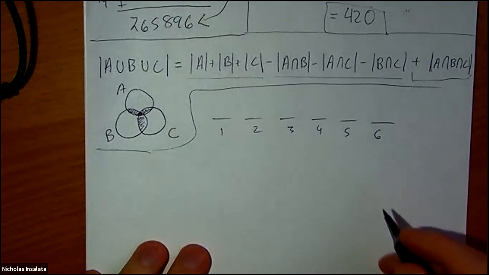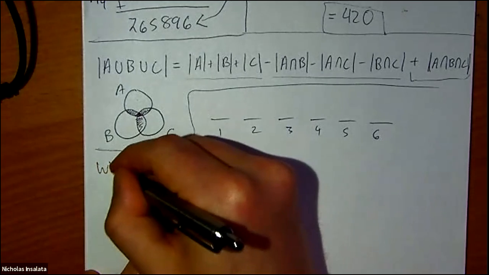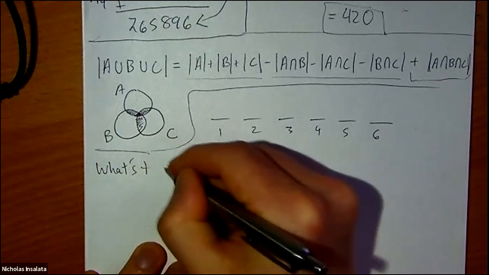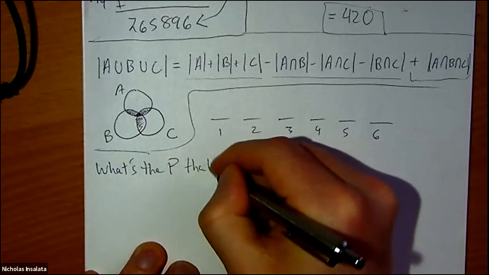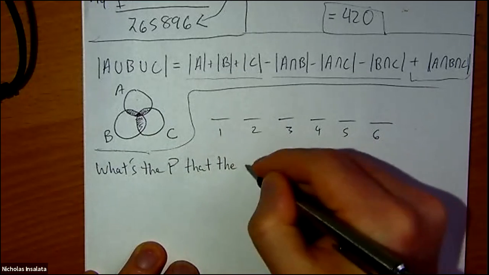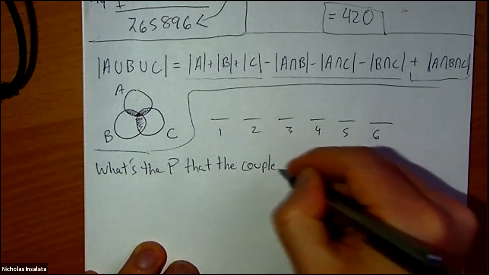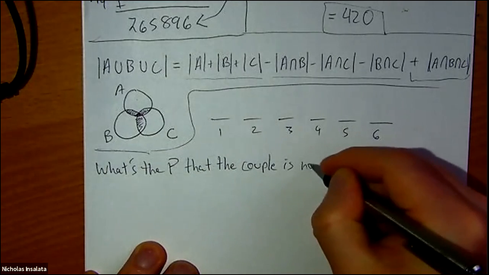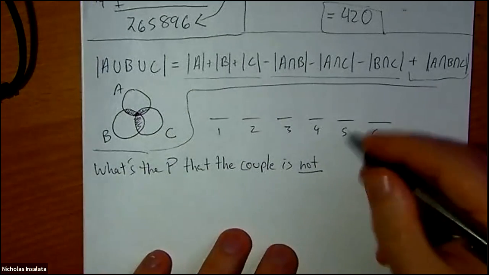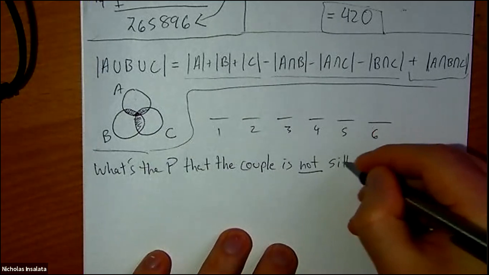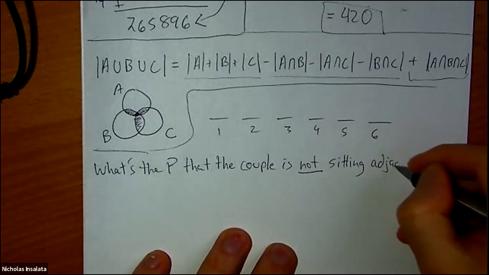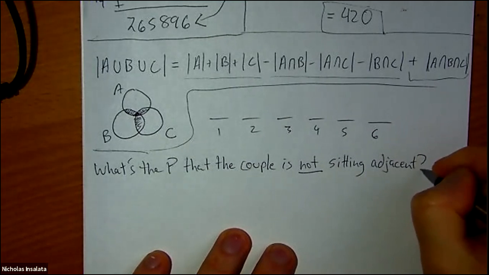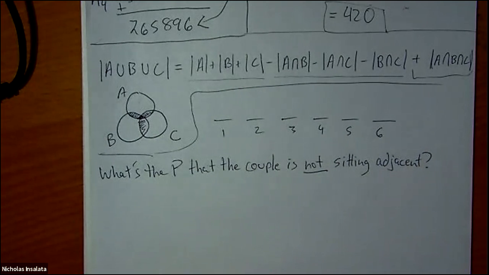Okay, so what's the probability that the couple is not sitting next to each other? I'll say sitting adjacent. Okay, so what do you guys think?